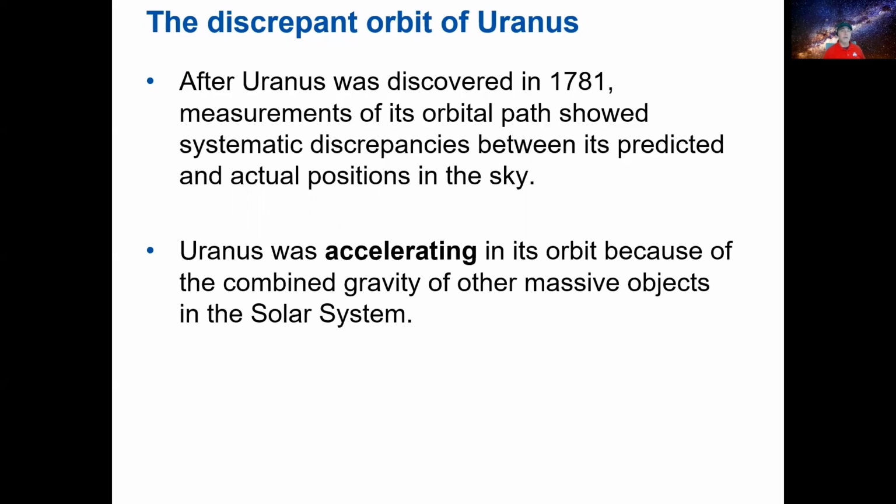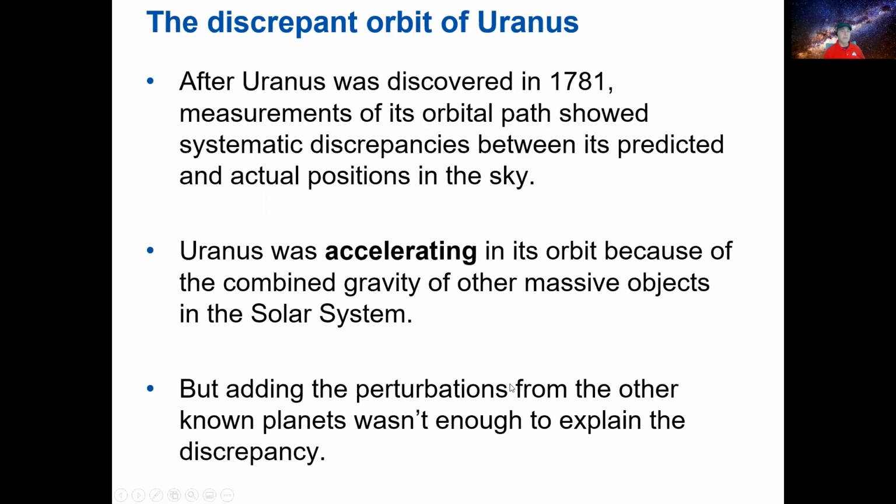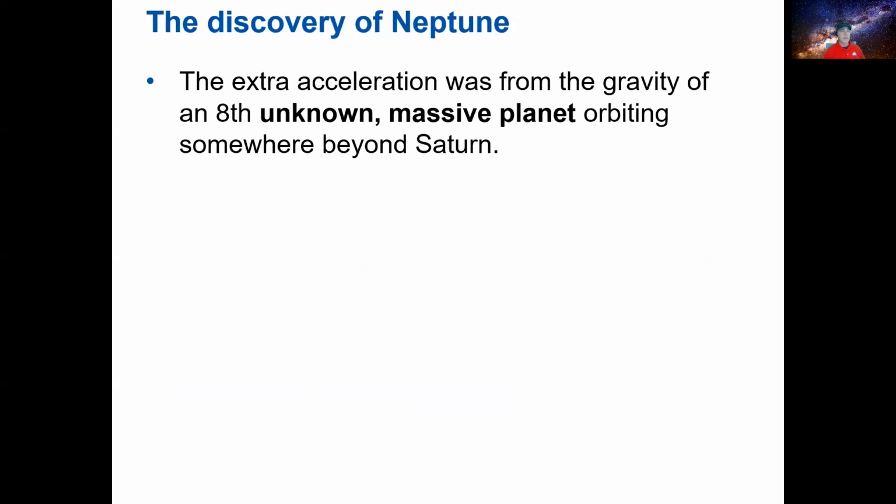Astronomers noticed that Uranus was accelerating in its orbit because of the combined gravity of one or more massive objects in the solar system. But adding the perturbations from the other known planets wasn't enough to explain the discrepancy. The extra acceleration was from the gravity of an 8th unknown massive planet orbiting somewhere beyond Saturn.